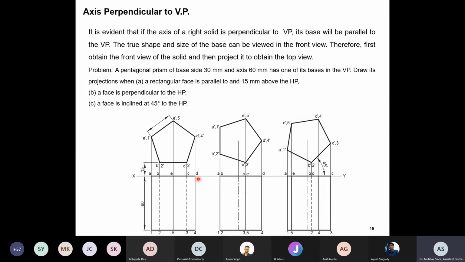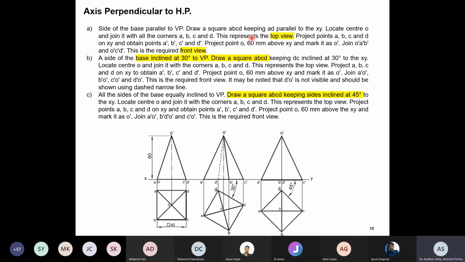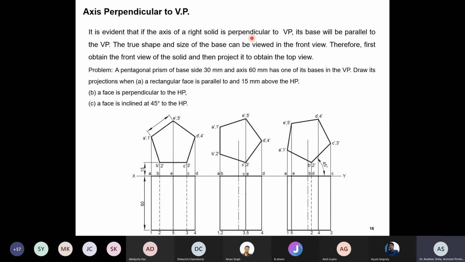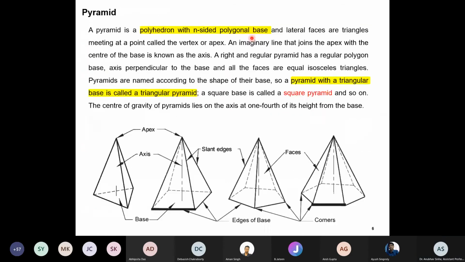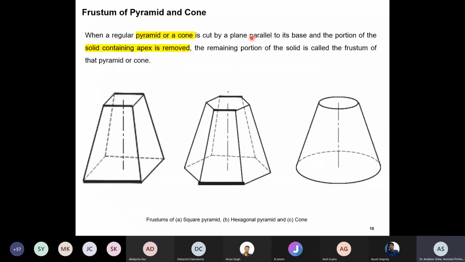first example. Let us say we have a right solid. So this is a prism, right?